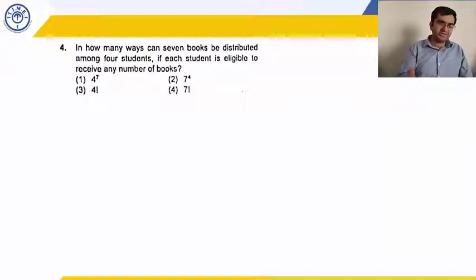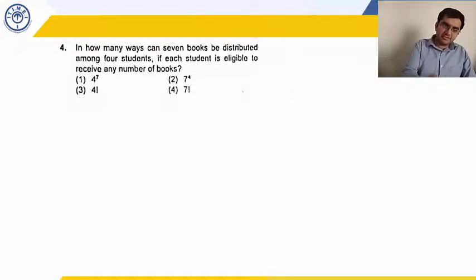I pick up the first book. There are 4 students sitting. Each student can receive any number of books. The first book can be given in how many ways? 4 ways. The first book can be given to the first student or second or third or fourth, 4 ways.